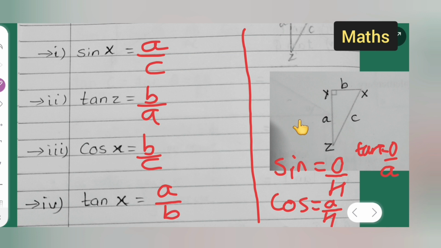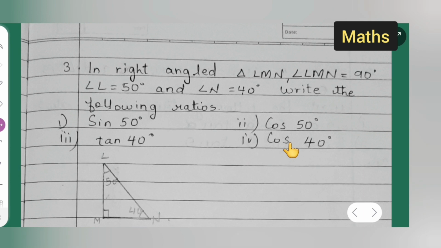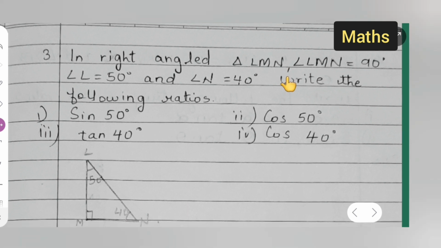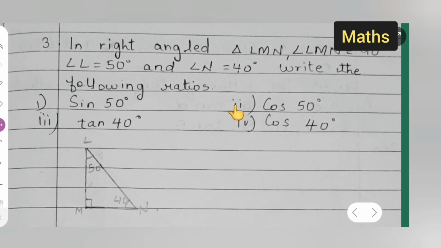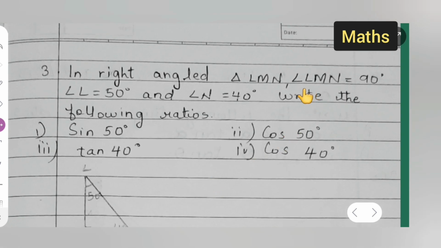So next, moving towards question number 3, that is this one. Question number 3 is given to you all. I hope you all can see this clearly. Third one is: in right angle triangle LMN, angle LMN is equal to 90 degrees.